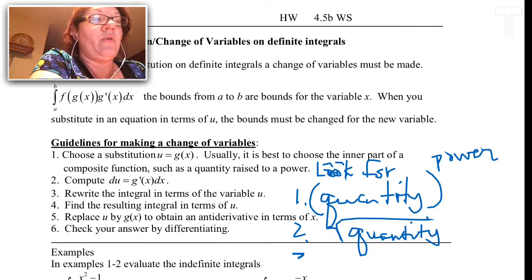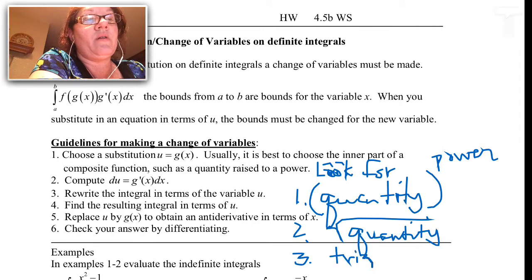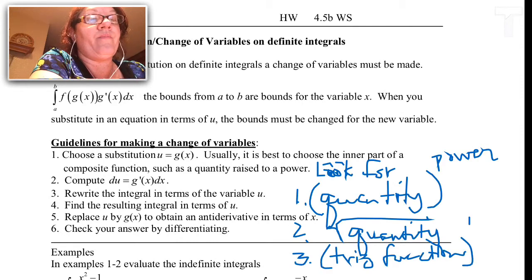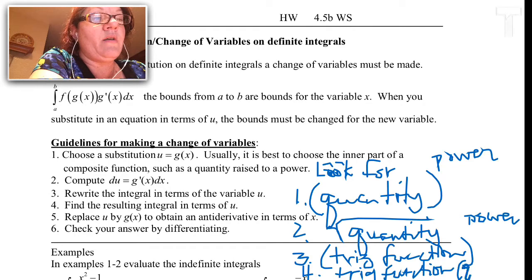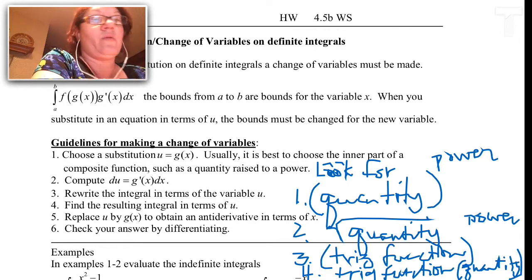And number three is a trig function, also raised to a power. And number four is a trig function of some quantity. Could be 2x, 3x, 5x, any of those.